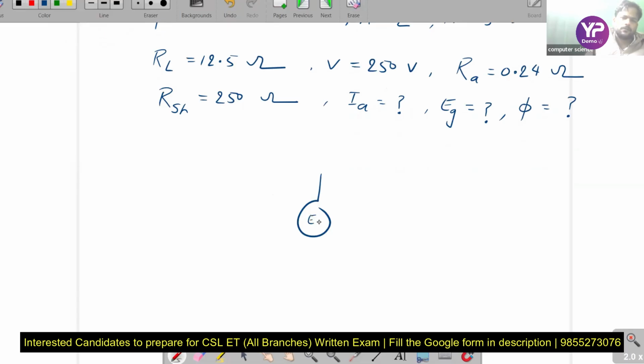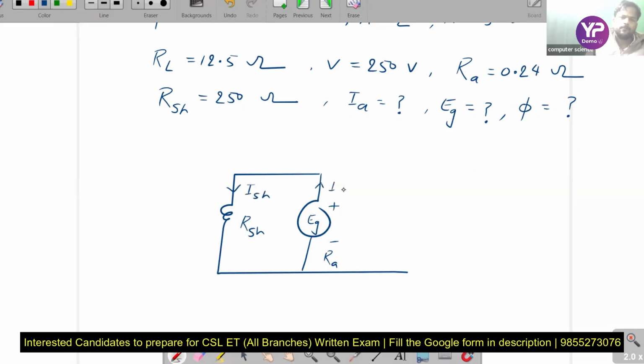This is the electric circuit of the shunt generator. The load is given and its resistance is RL, 12.5. So RL is the load resistance.